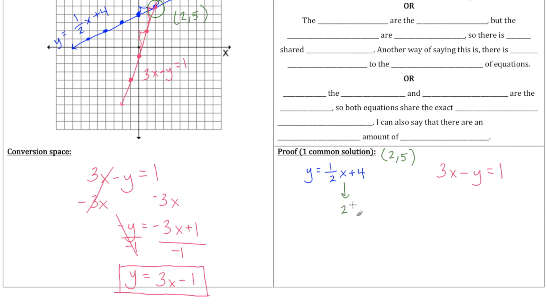So 2 is the x, 5 is the y. And I want to do it over here. 2 is the x, and 5 is the y. Okay, so this one is y equals 1/2 times 2 plus 4. Ooh, I forgot this.